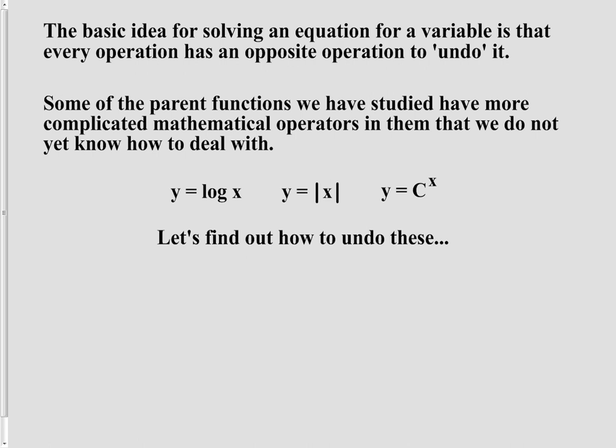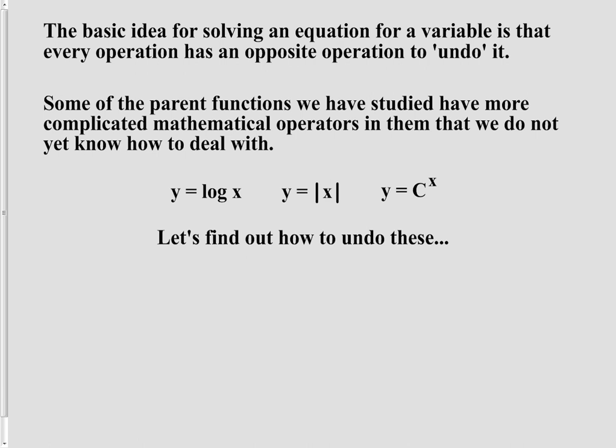Now, the problem is that some of the parent functions we have been studying have more complicated mathematical operators in them that we may not know how to deal with just yet. For example, logarithms. This is a new math operator to us. We're just beginning to learn what the graph does and what it's supposed to look like. The absolute value bars.